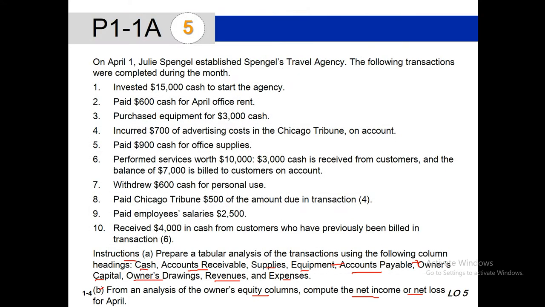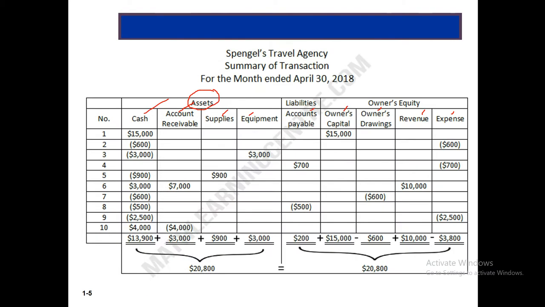Now we can analyze the transactions. Invested 15,000 cash to start the agency. Here the asset cash increases and owner's equity, defined as owner's capital, increases. We can see that cash increases and the owner's capital increases.